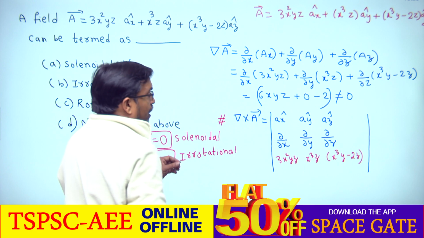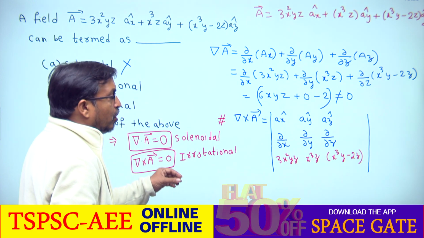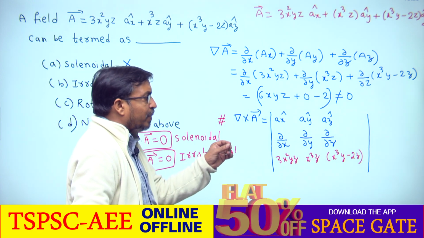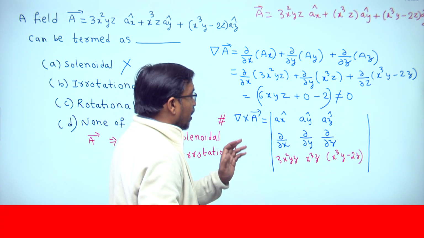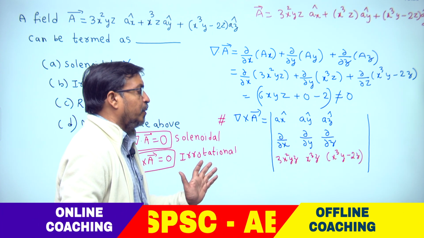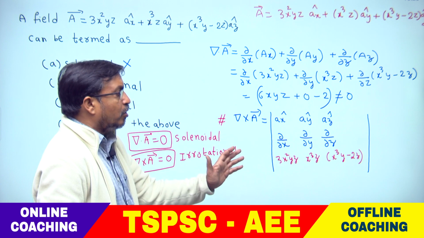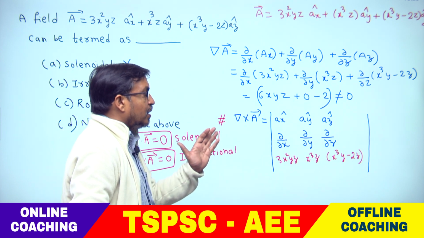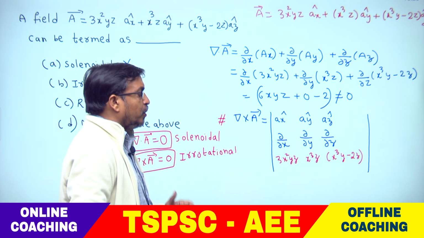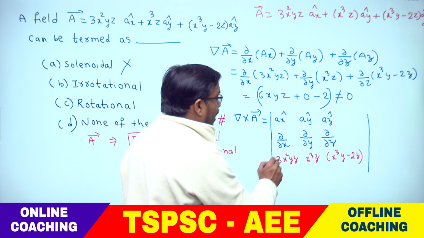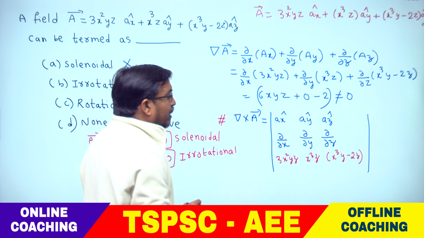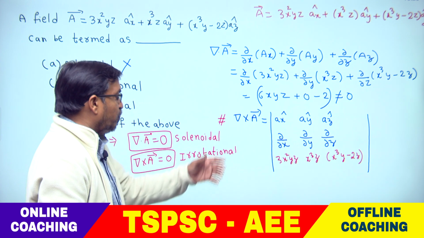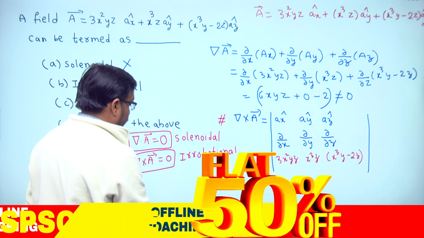See here, curl A equals: first row unit vectors x cap, y cap, z cap. Second row del magnitudes ∂/∂x, ∂/∂y, ∂/∂z. Third row vector A magnitudes 3x²yz, x³z, x³y − 2z. Now, I am performing the operation.